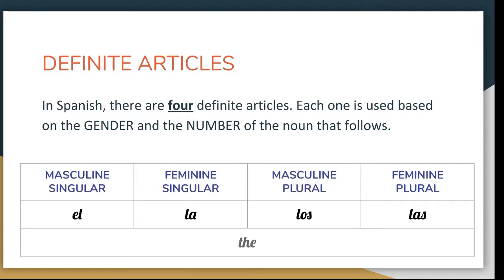And obviously this relates to the noun that it's describing. So the masculine singular definite article is el, the feminine singular definite article is la, the masculine plural is los, and the feminine plural is las.